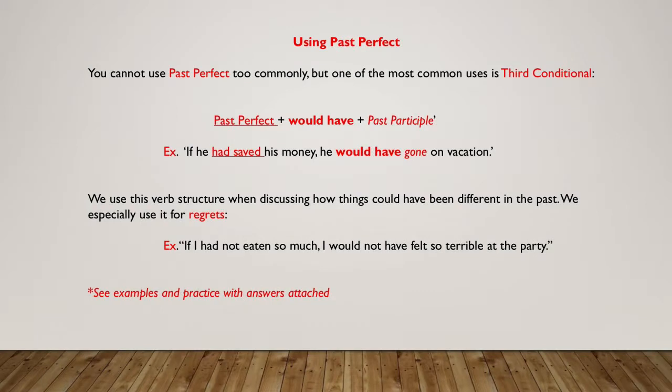Past perfect is not so common or easy to use. It is only used in specific situations and is very useful when those situations happen. One of the most common uses and easiest ways to practice past perfect is using the third conditional.